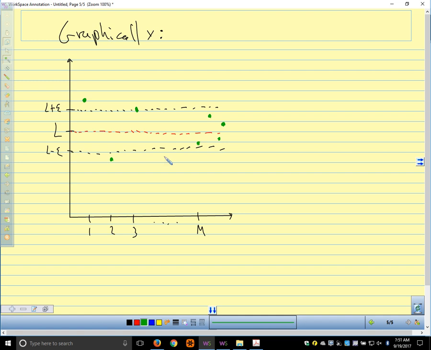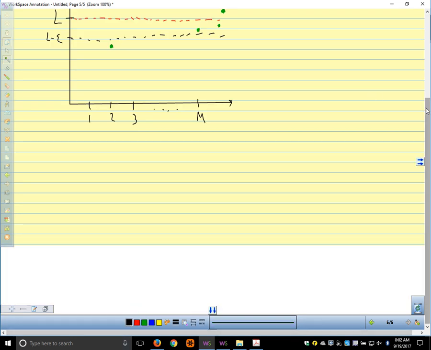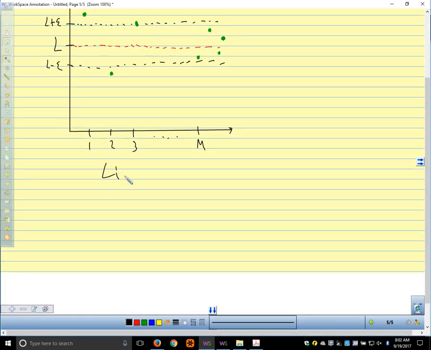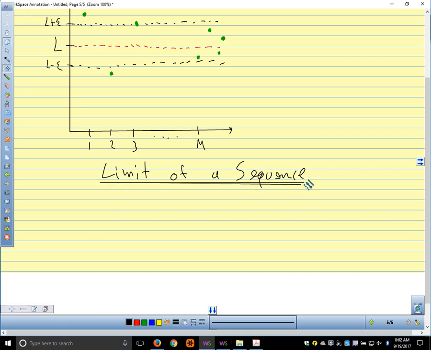Now, the nice thing about limits of a sequence, based on how we define them, we define sequences as functions of the positive integers. We can use everything we know about limits of functions to work on limits of sequences. So that's exactly what we're going to do, take advantage of that definition of the terms of our sequence being a function.